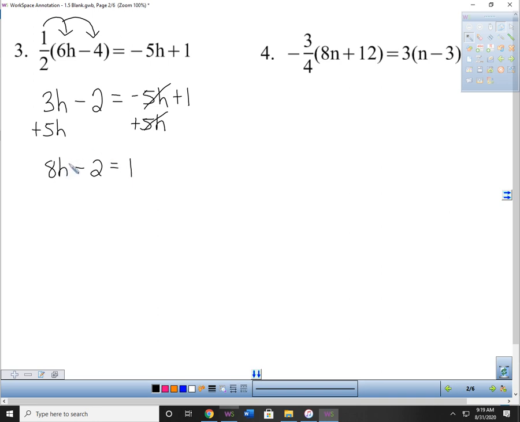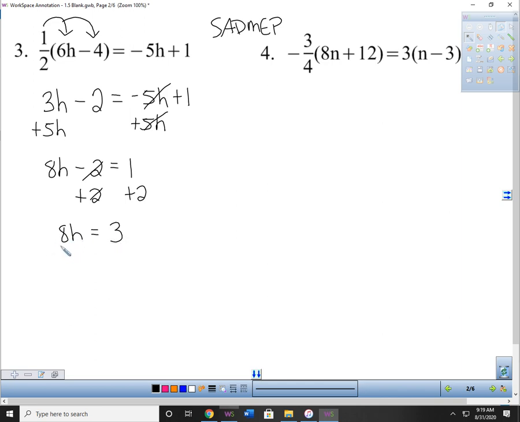Now it's just as simple, okay, we'll have to solve for h. I'm multiplying by 8, I'm subtracting 2, and if I go backwards with SADMIP, I have to undo the subtraction first, so I will add 2. So I get 8h is equal to 1 plus 2, which is 3.